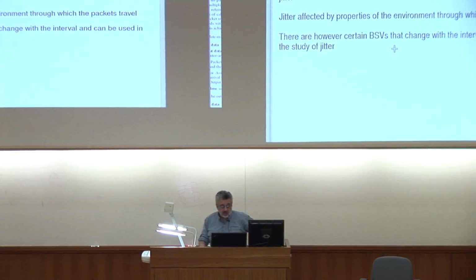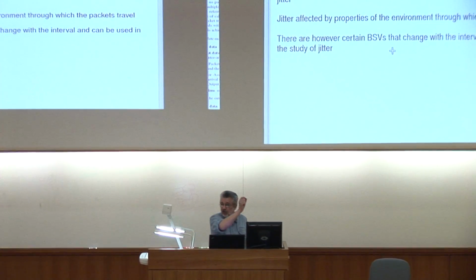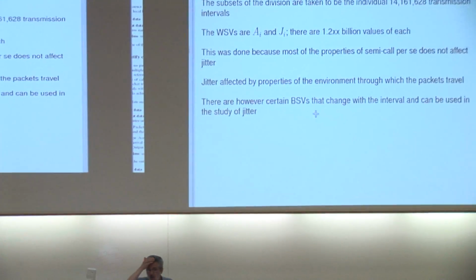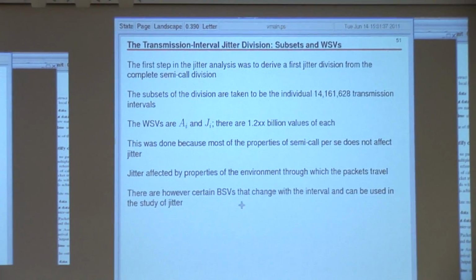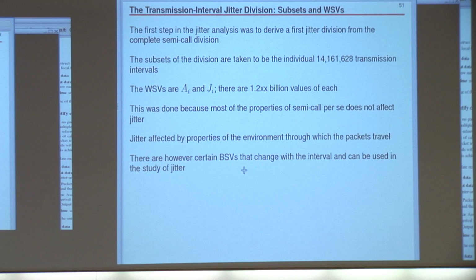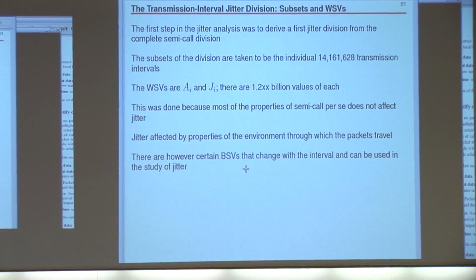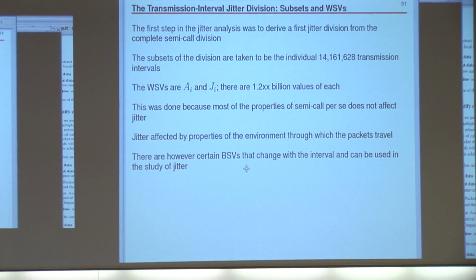However, there are some between-subset variables that we had back on the semicall division that are relevant for each transmission interval. And what are they?